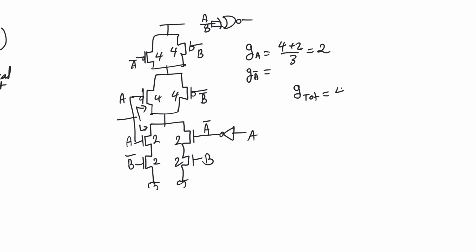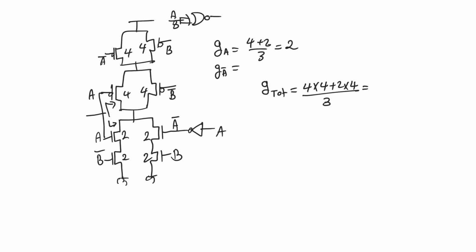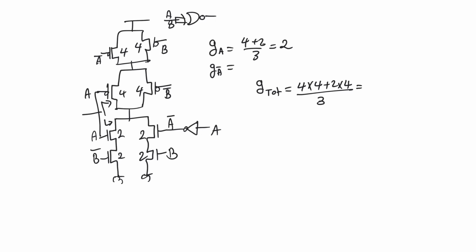And so we're going to have 4 times 4 plus 2 times 4 capacitance switched divided by 3. So that's going to be 16 plus 8, which is 24 divided by 3, which gives us a value of 8. This is not a very useful value for logical effort, because when you switch every input for the gate, it does not produce a meaningful logical output. So this is just an indicator. It is not a useful measure to use.